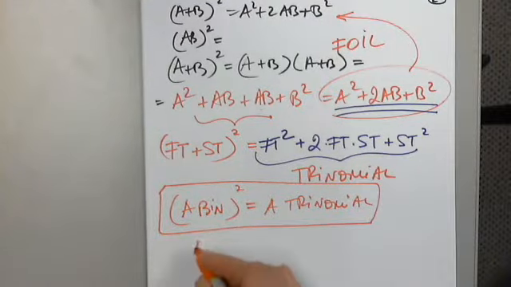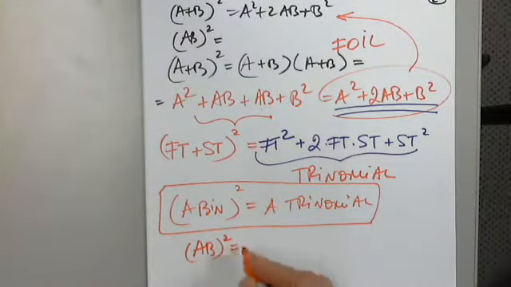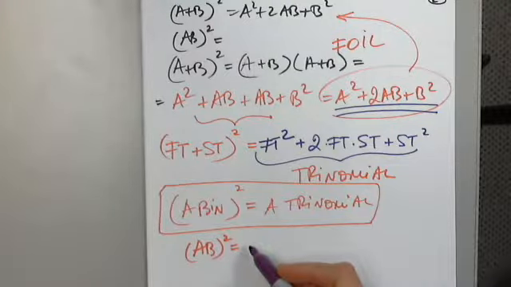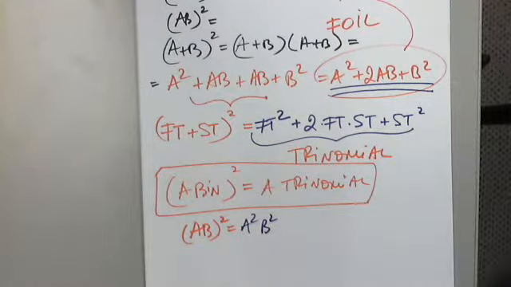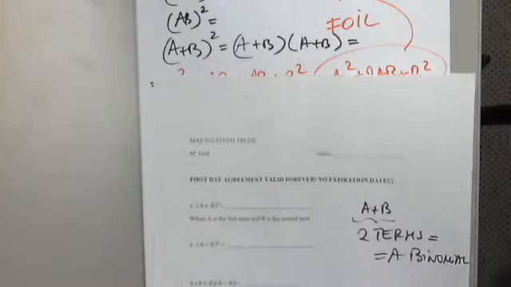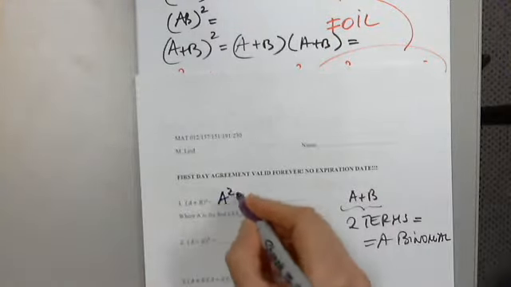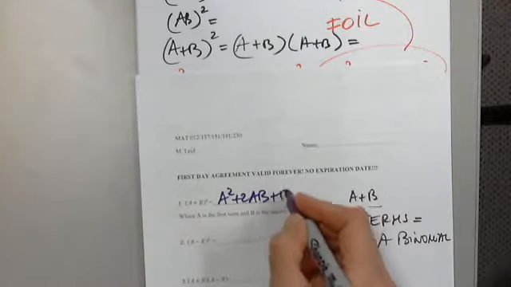Again, this should not be confused with AB everything squared. This is not a binomial. This is one term, one product, AB squared. What will this equal to? That's it. This is the easy one. It's just a squared, b squared. It's a product. Very good. So this is our agreement. It's a squared plus 2ab plus b squared.